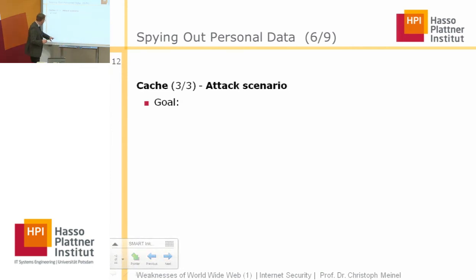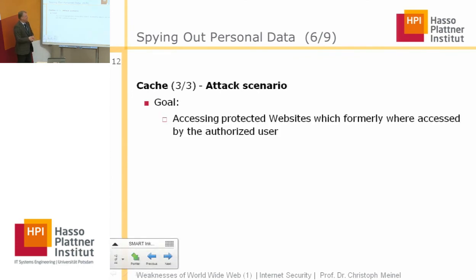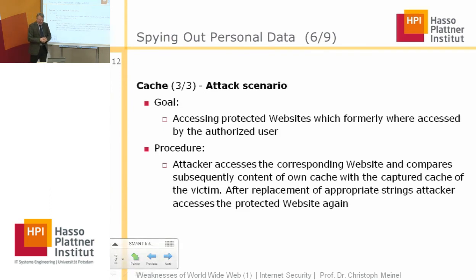So let's have a look at such a cache attack scenario. The goal here is to get access to a protected website that formerly was accessed by the user, who was authorized to access this website. The idea is the following. What's needed is that the attacker has access to the browser cache of the user.